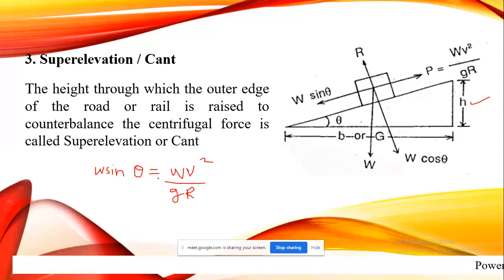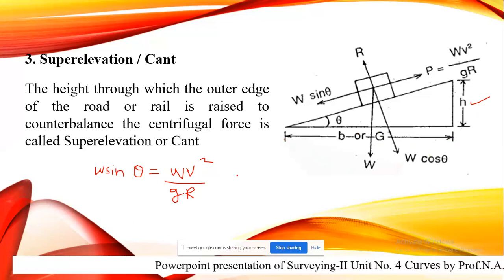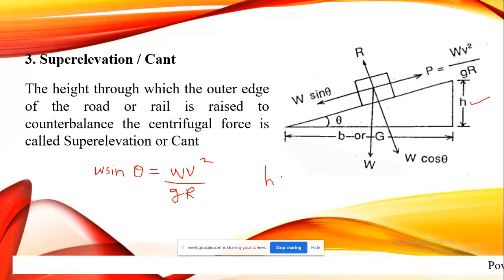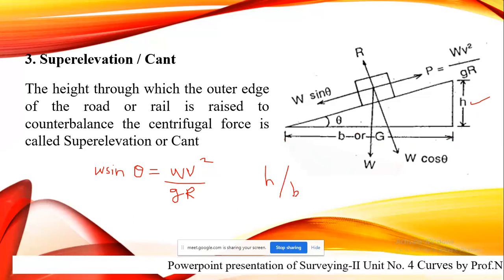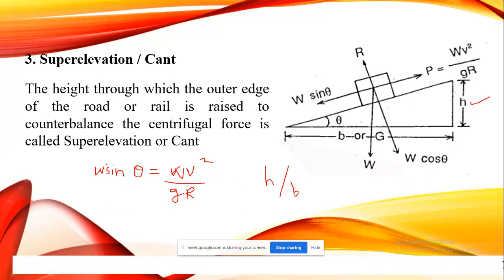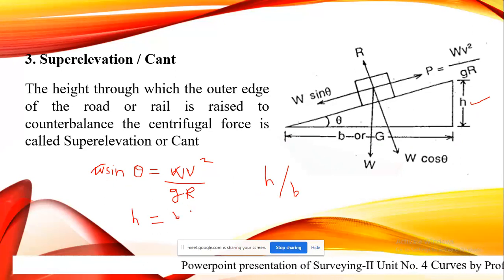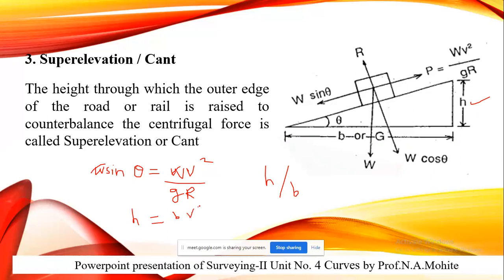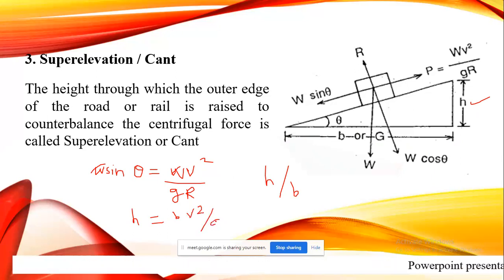So sin theta is converted to tan theta, and the value is taken as H upon B. After solving that, W and W get cancelled. When I substitute H by B here, the value becomes BV square divided by G into R.